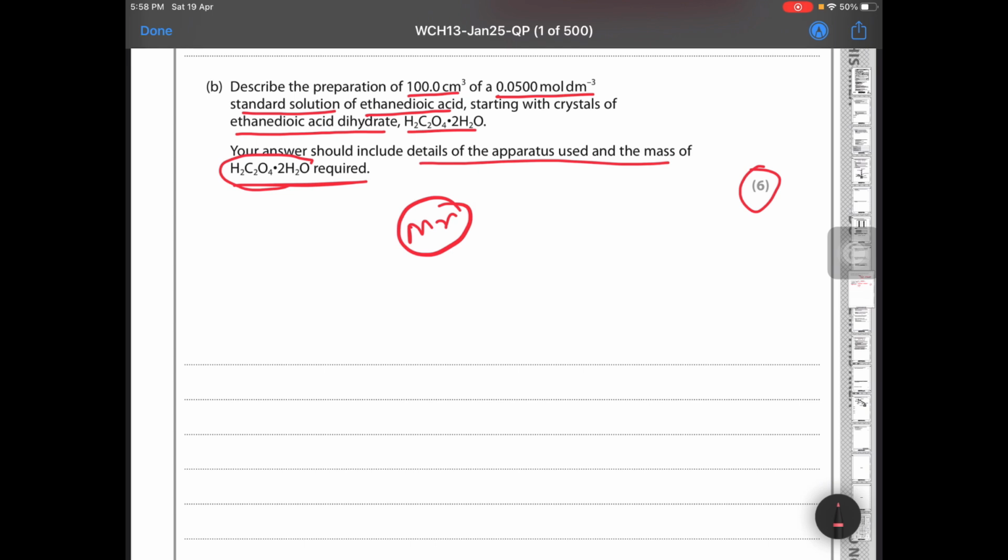Ethanedioic acid dihydrate crystals, this is what you have to use to make the standard solution. You just find the Mr, which will be 2 times hydrogen plus 2 times carbon plus 4 times oxygen plus 2 times water.